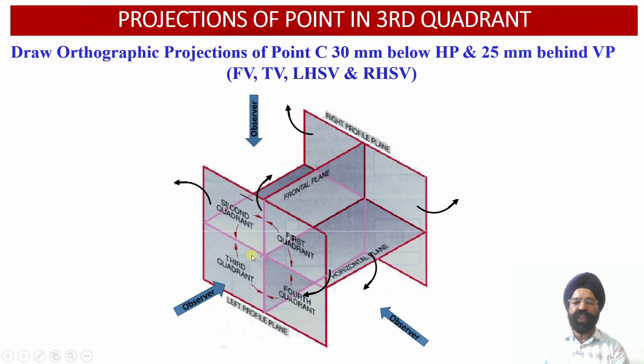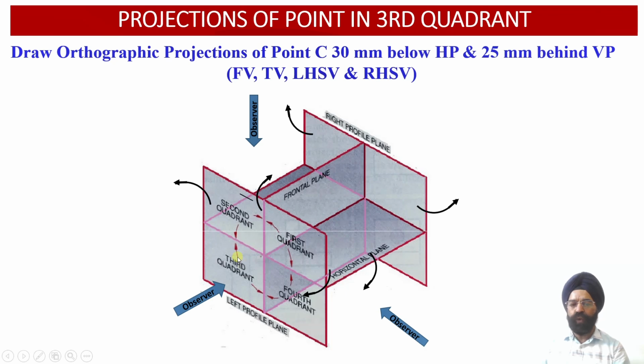Next, when we look at this object from the left side orientation, the projection of this point onto the left side profile plane will be obtained at this particular position. And we know that the portion of the left side profile plane which lies behind the vertical plane has to be rotated in this direction.